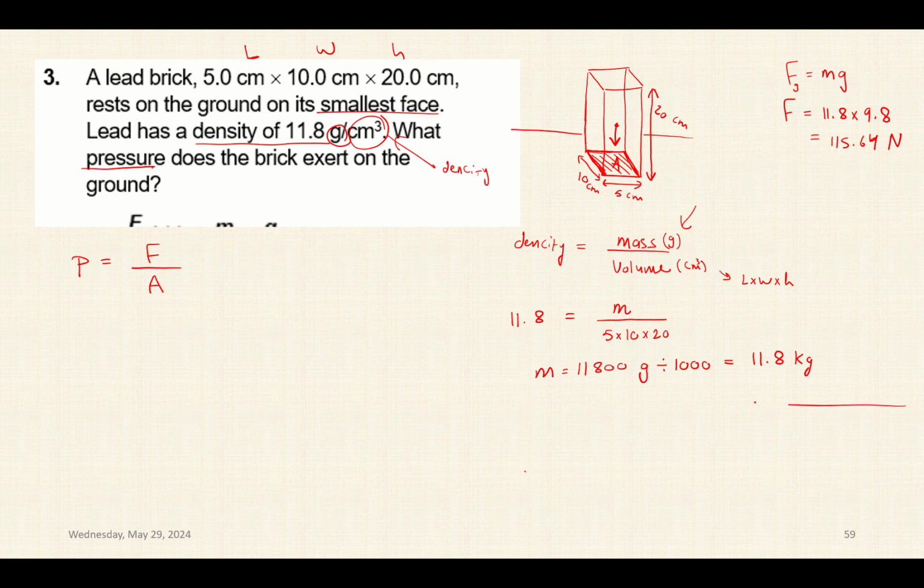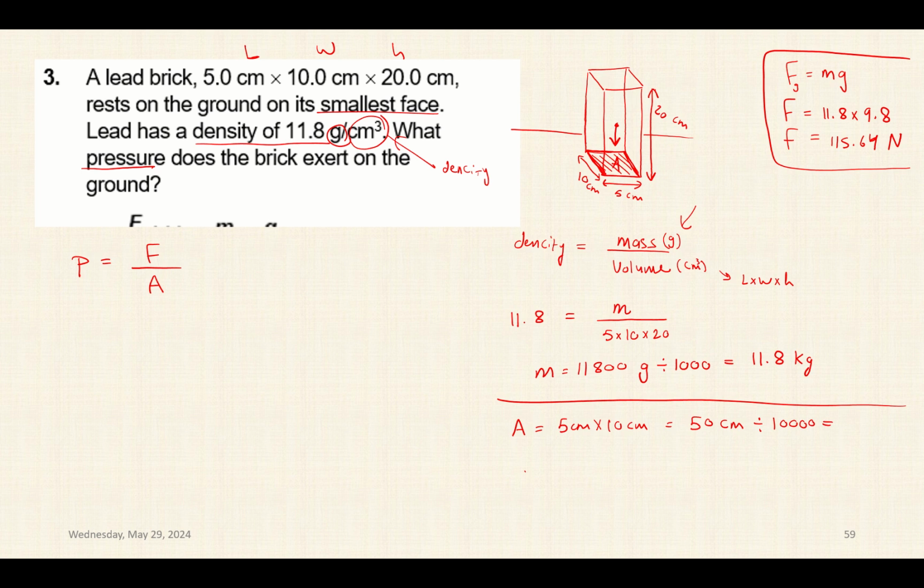So to find the area, I have the force, there it is. We need the area, which is equal to 5 centimeters times 10 centimeters. And that's going to give you 50 centimeters squared. Now this is in centimeters. I need to turn it into meters by dividing over 10,000.